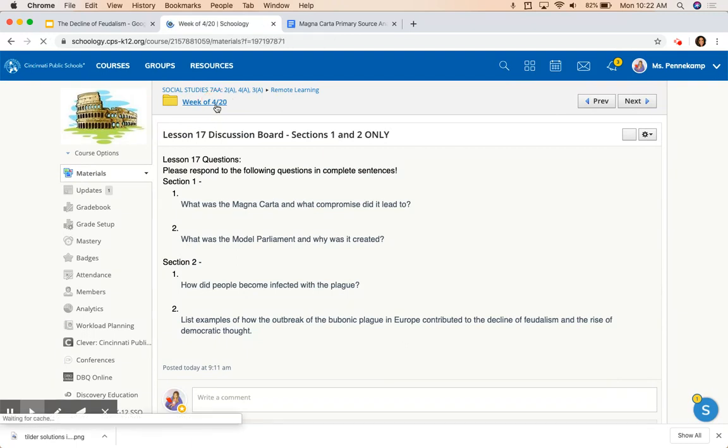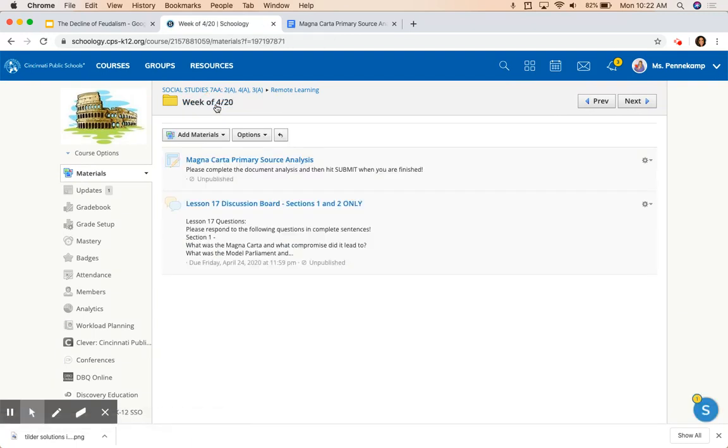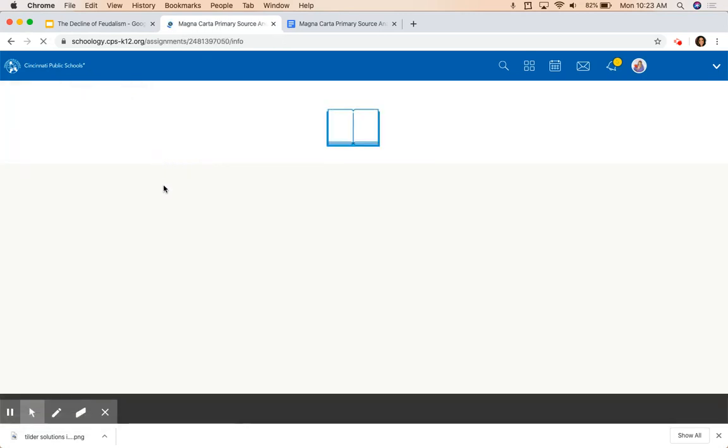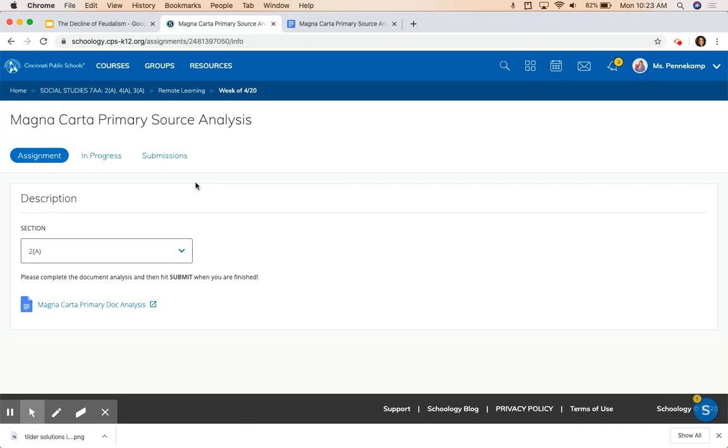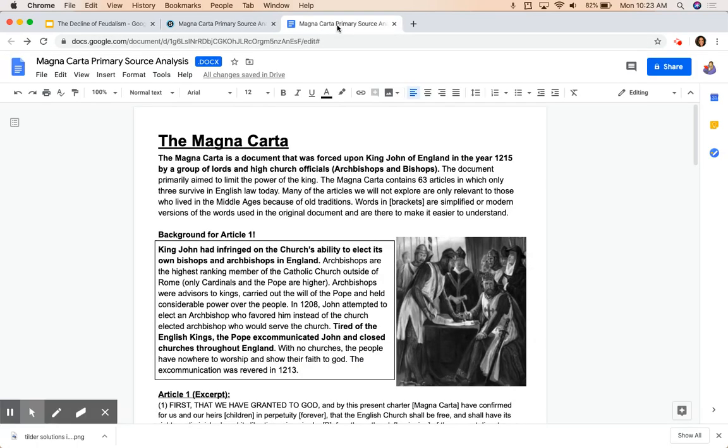After you have finished up your discussion board, you're going to head back to the week of April 20th, and you're going to click into the Magna Carta primary source analysis. Because this is an assignment on Schoology, it's going to create a Google Doc for you within your own drive. From there, you'll be able to edit that document. It'll look like this.